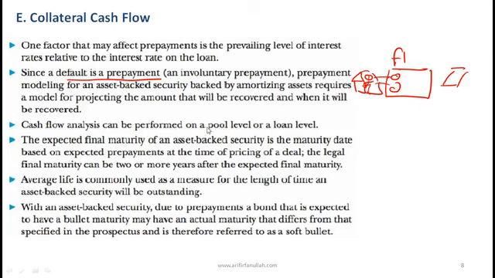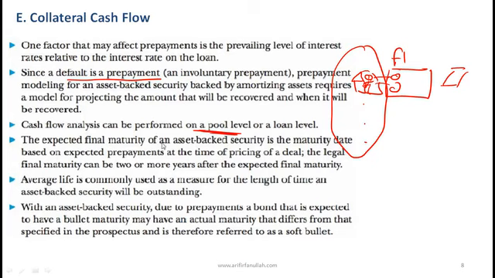Cash flow analysis can be performed on a pool level or a loan level. So either we can do an analysis at each individual homeowner level, or we can collectively treat it like a pool. As you might imagine, if this pool has 1 million loans, then it makes more sense to aggregate our analysis and do it at a pool level.